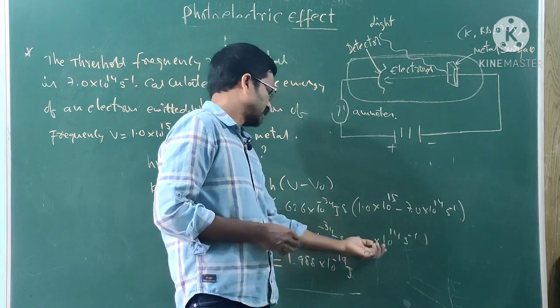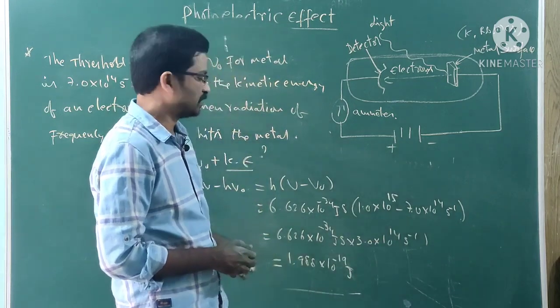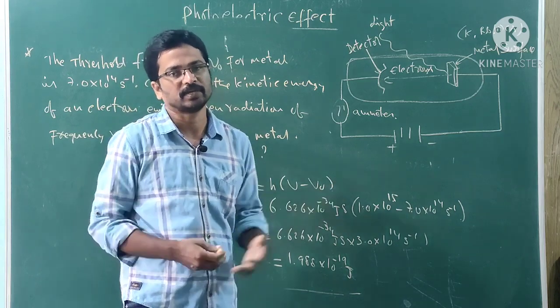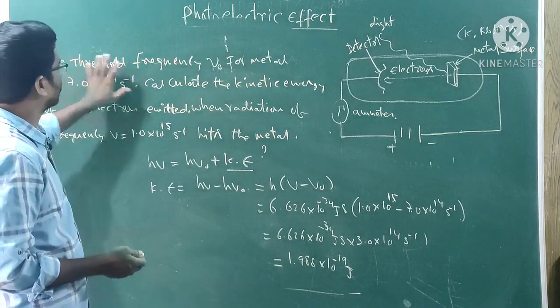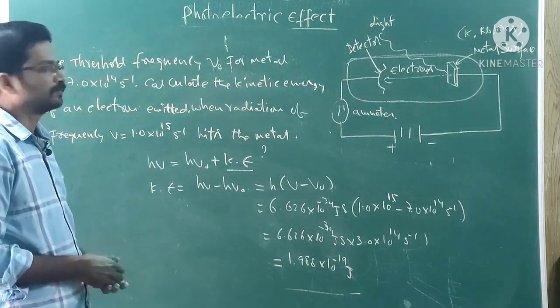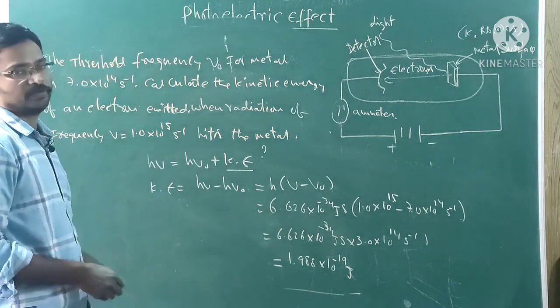Subtract these two and multiply, and you get 1.988 × 10⁻¹⁹. So in this way you can calculate the kinetic energy of the electron from the given data. Okay, you can understand the photoelectric effect this way.